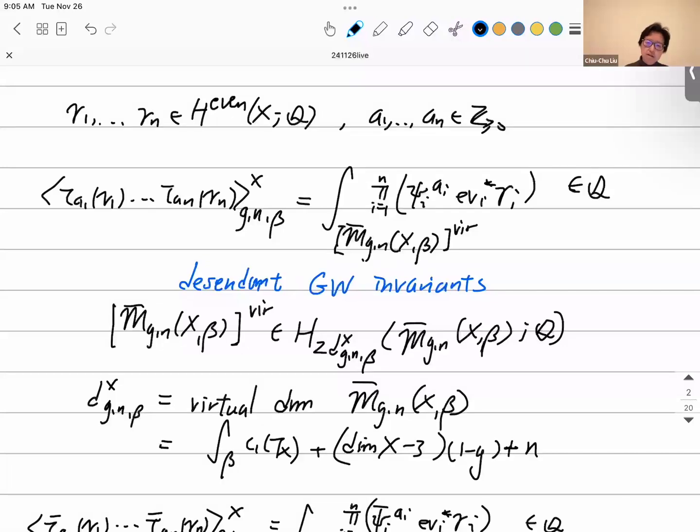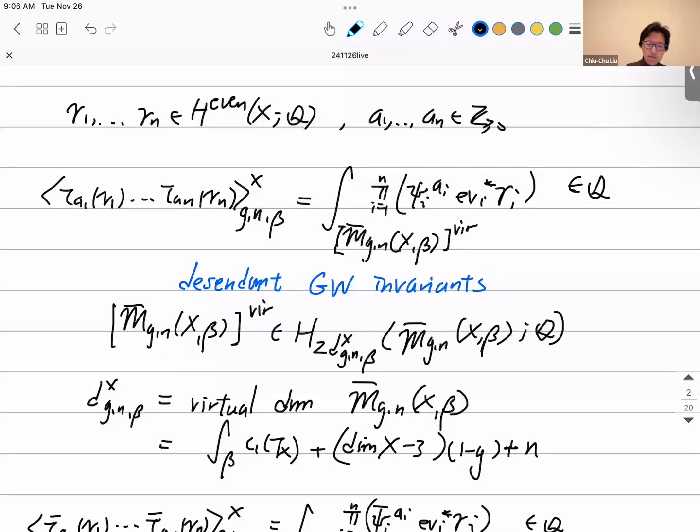Then let a_1 to a_n be non-negative integers. We define the descendant Gromov-Witten invariants by pulling back the cohomology classes gamma_i by the i-th evaluation map, and then we also take psi_i to the a_i-th power. These are rational numbers in general.